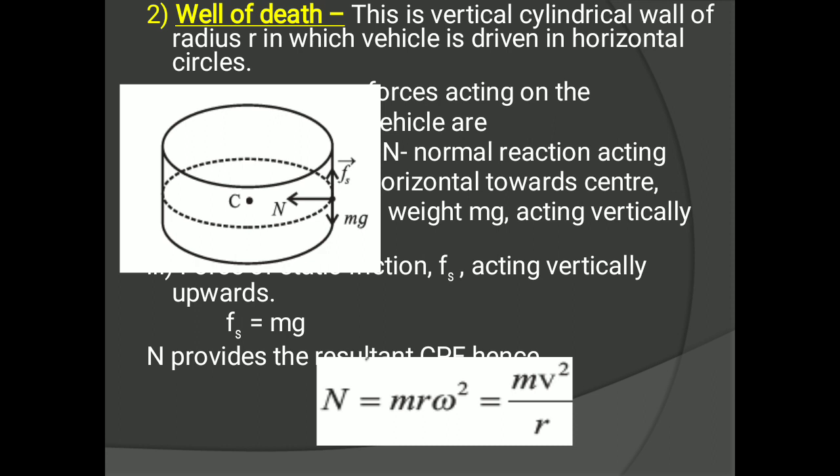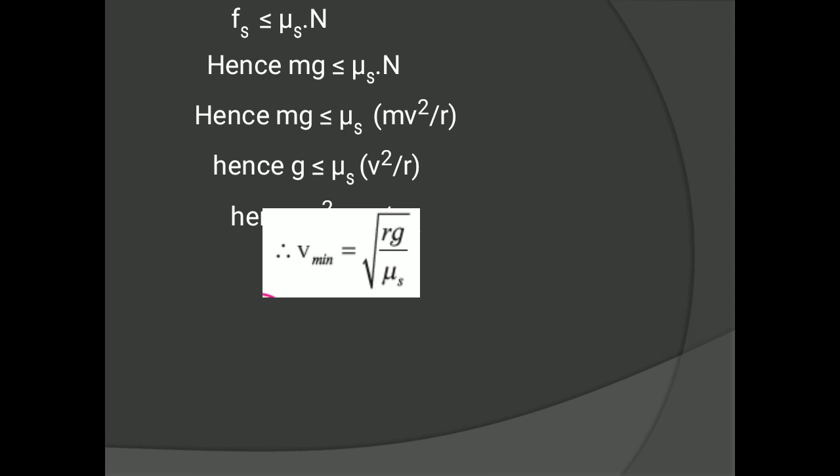So, from the geometry of the figure, we can write force of static friction is equal to mg. N provides the resultant centripetal force, therefore N is equal to m r omega square, that is m v square upon r. So, force of static friction can be less than or equal to mu s into N. Hence, mg is less than or equal to mu s into N. So, mg is less than or equal to mu s into m v square upon r, and g is less than or equal to mu s into v square upon r.